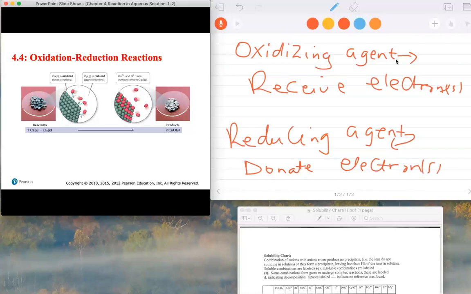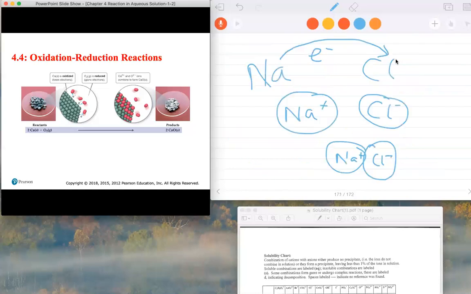Oxidizing agent, reducing agent. In this example, this is the oxidizing agent, and this is the reducing agent. All right. Reducing is the one adding electrons.